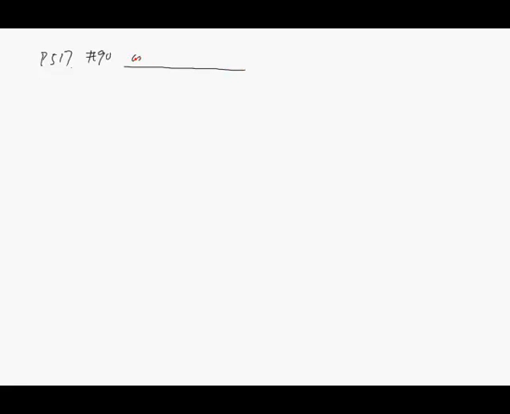We have cosine of w times sine square of w plus cosine cubed of w divided by secant of w.